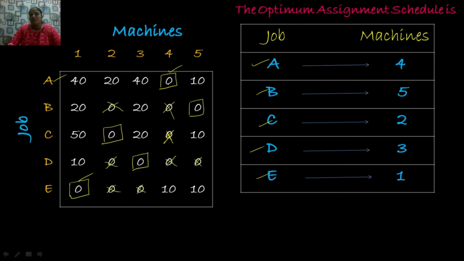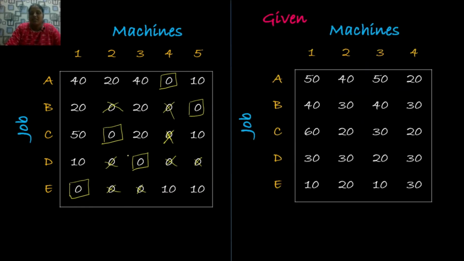So in order to know the original cost associated with these positions, let's now look at the given cost matrix. This is the given cost matrix. From this matrix we arrived at the reduced matrix using the Hungarian method.